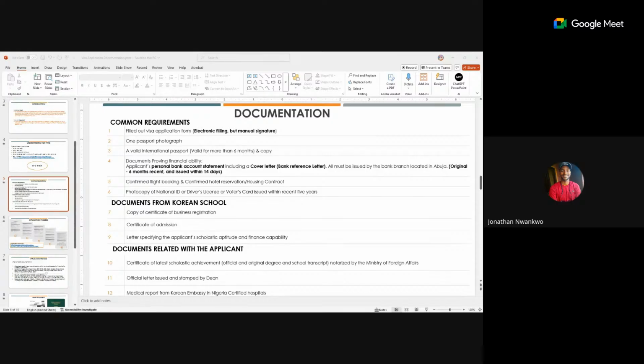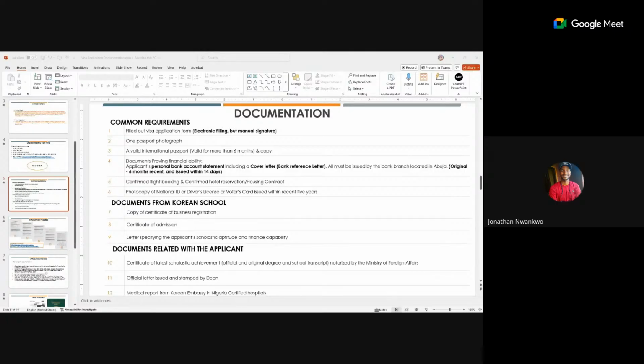That document has to be your personal account statement and a cover letter or a bank reference letter from your bank. They must be original and they must be from the bank branch that is located in Abuja. In this case, if you're applying from Abuja. If you're applying from Lagos, it must be the one from Lagos. The statement has to be 6 months recent and issued within 14 days.